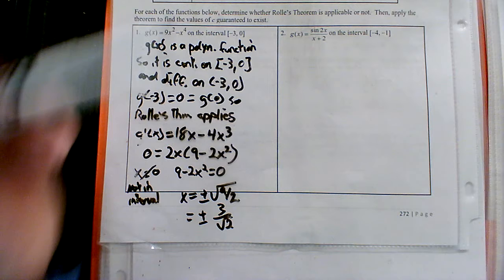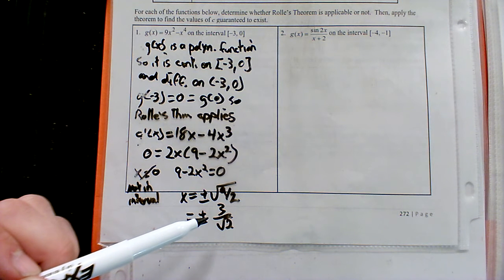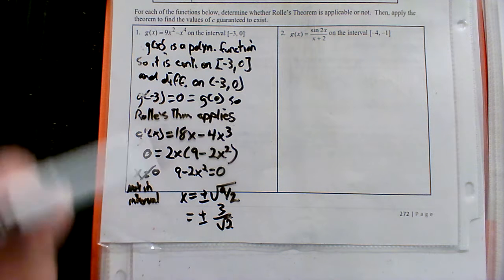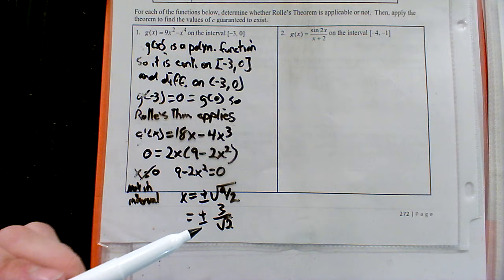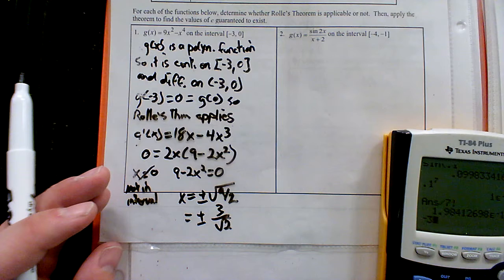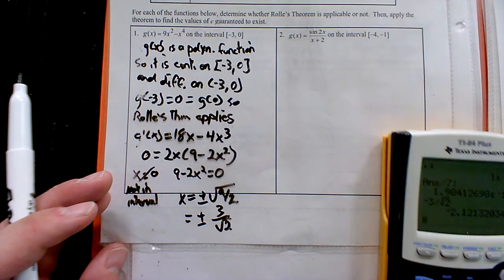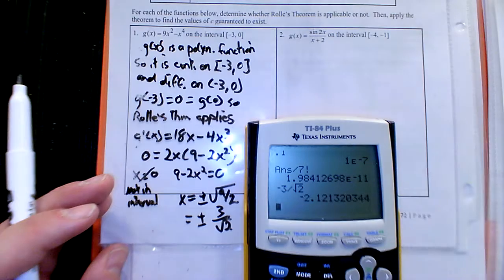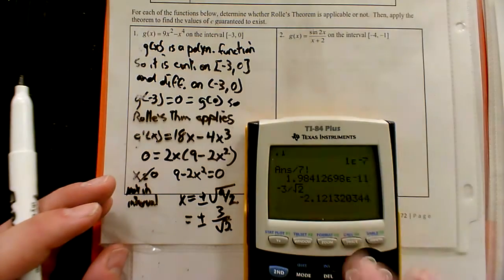Alright, so we're from -3 to 0. Can +3 over the square root of 2 work? No, because that's greater than 0. Is -3 over the square root of 2 between -3 and 0? Well, if you're not sure, you have a calculator. You do -3 divided by the square root of 2, and you should get about -2.1.